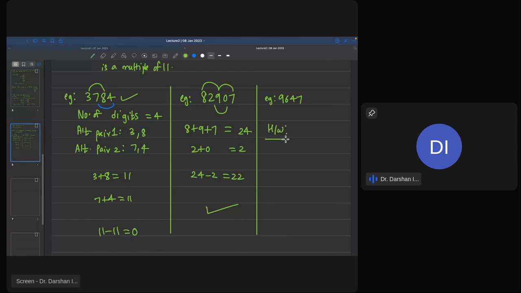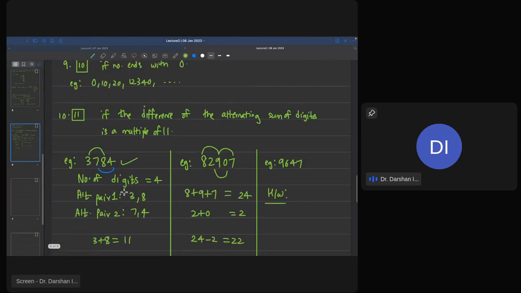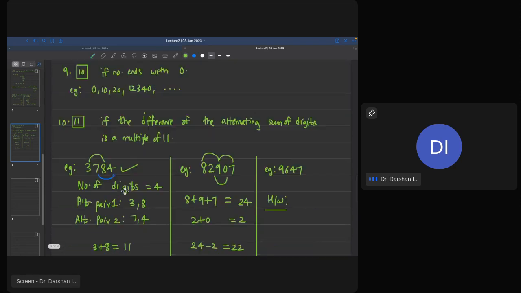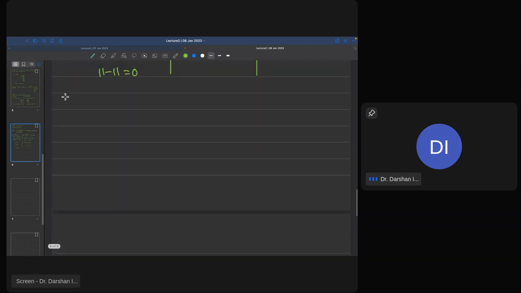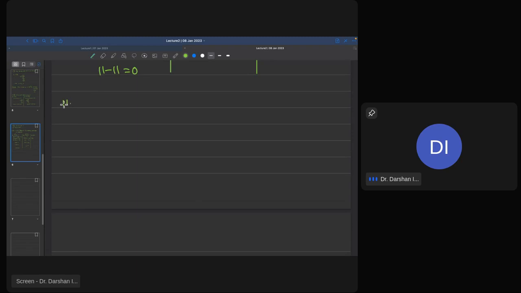So this is your homework. Then the last one: how many divisibility tests should we ideally know? Enough. I only remember a few of them, and that too directly, right? So I'm considering a number like 12 now.